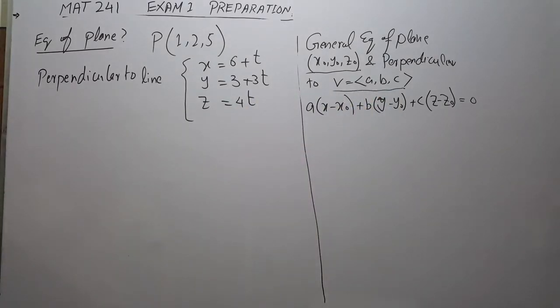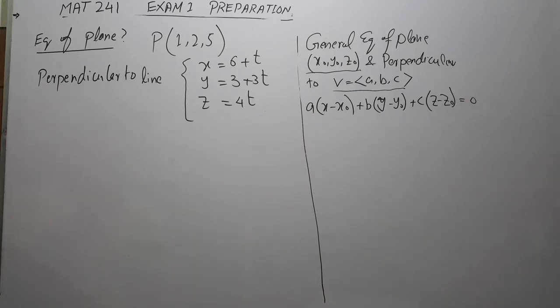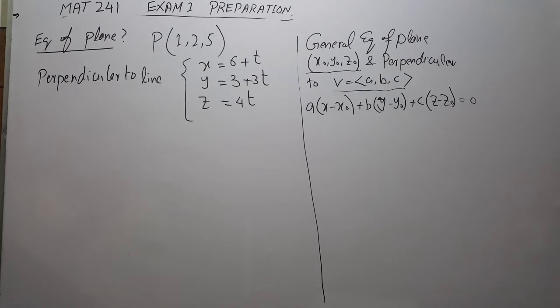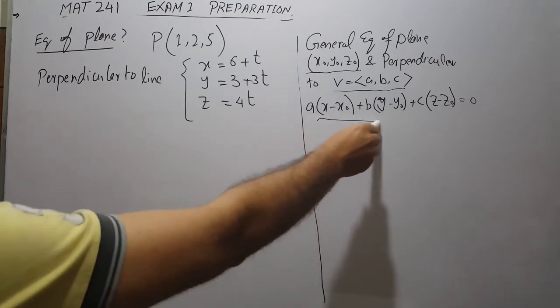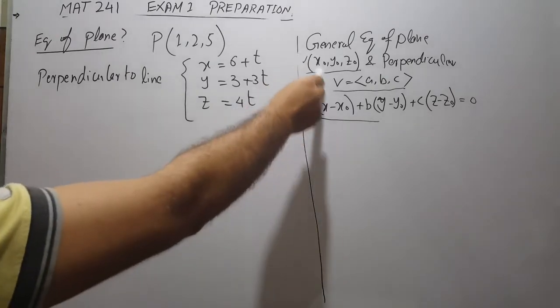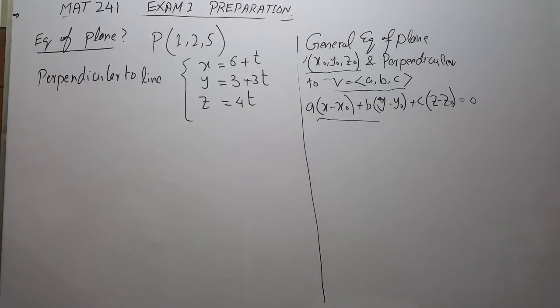The general format is a times (x minus x naught) plus b times (y minus y naught) plus c times (z minus z naught) is equal to 0. This is the general formula for the equation of a plane. Now you can find out this point and this vector.